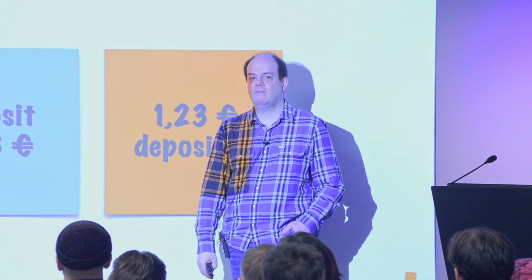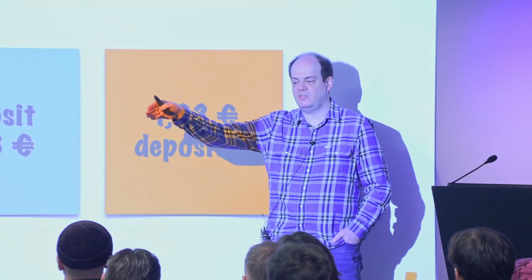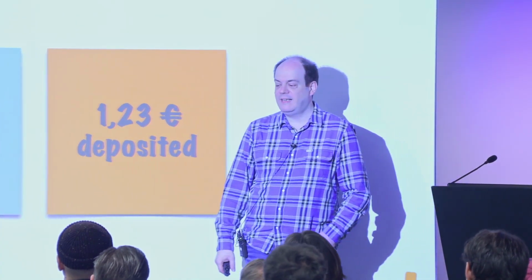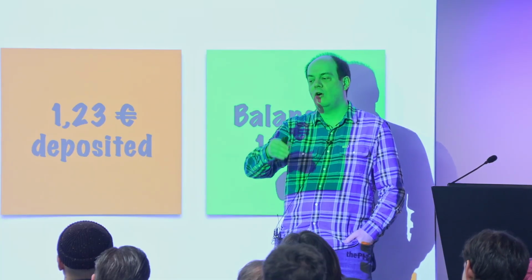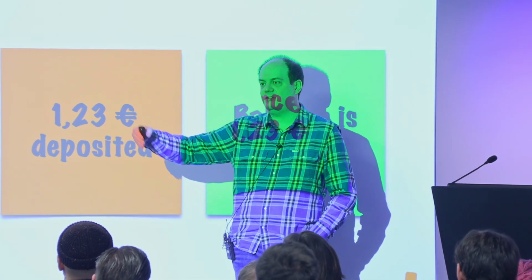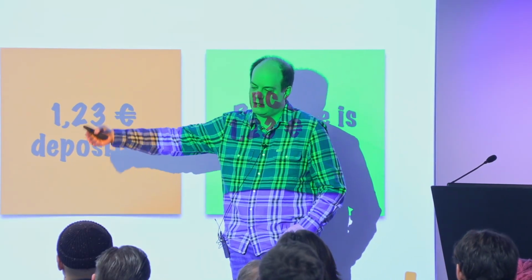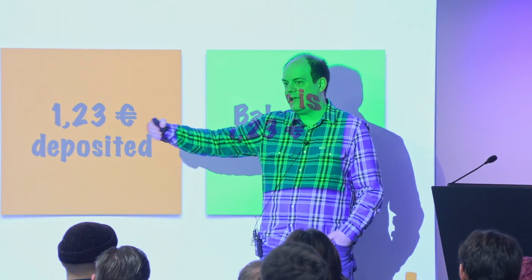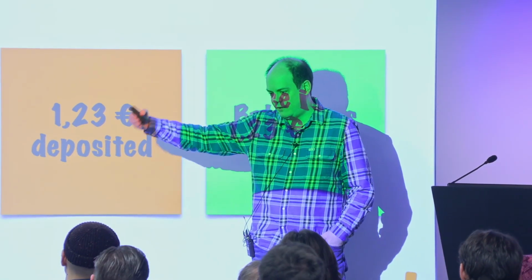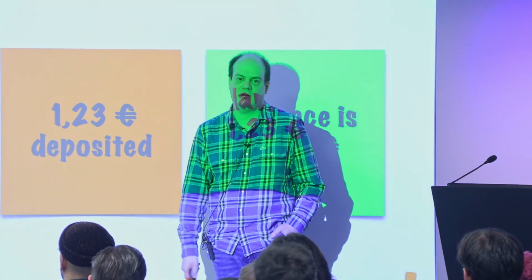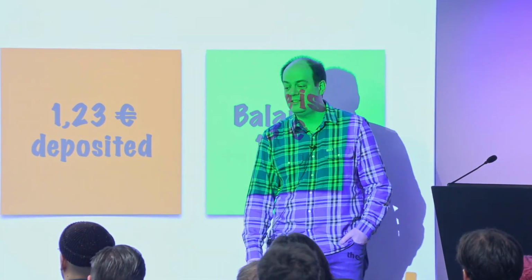So maybe there was something like, hey, deposit €1.23 into that account. That would have been a command. Right? And then if we look at all the events that have happened over time that relate to one particular customer or account, then we can recreate, based on these records that we kept, the current state, and that is the balance is currently €1.23.